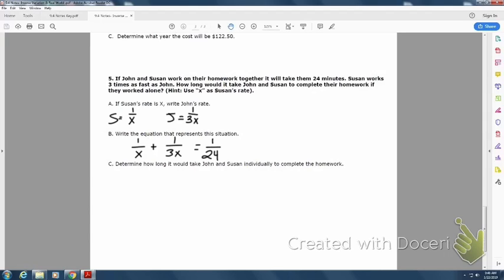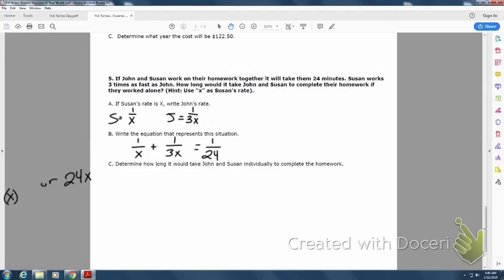Okay. So, looking at this, what would my common denominator be? Okay. I could do 24x. Now, if I'm going to write my common denominator like I was showing you, if you have just an x in one fraction, I wouldn't do x times x.